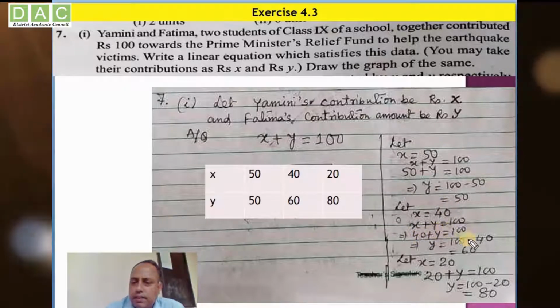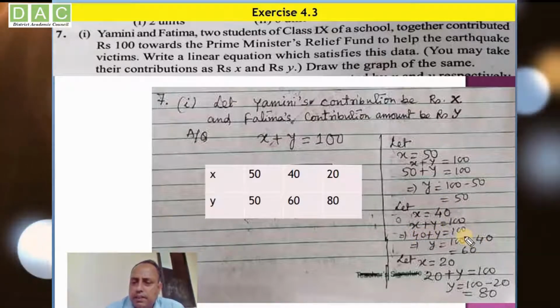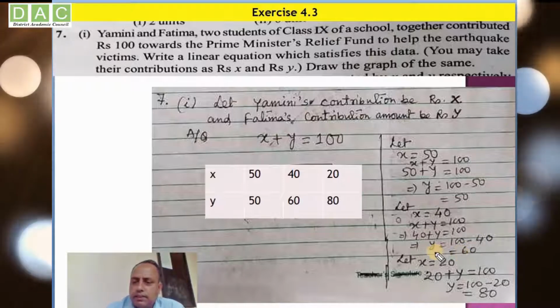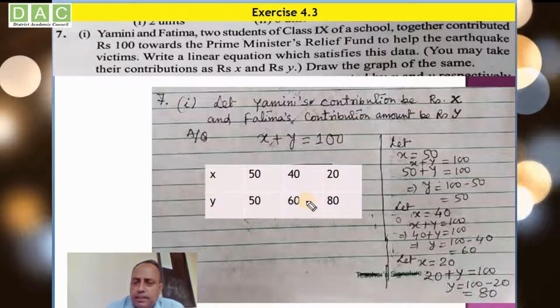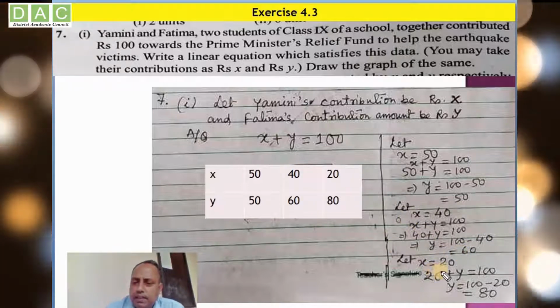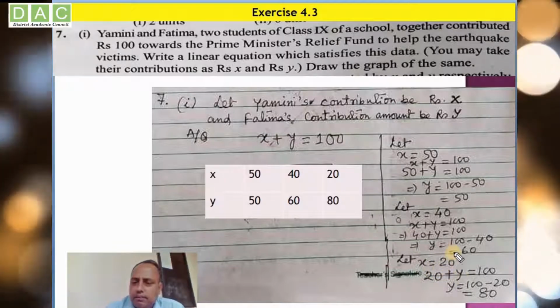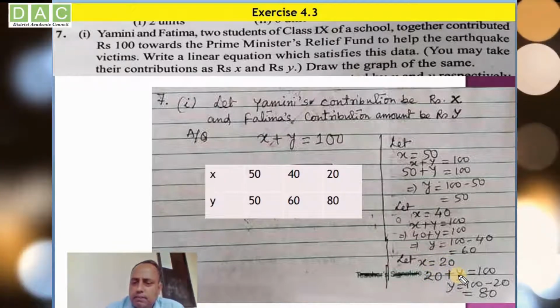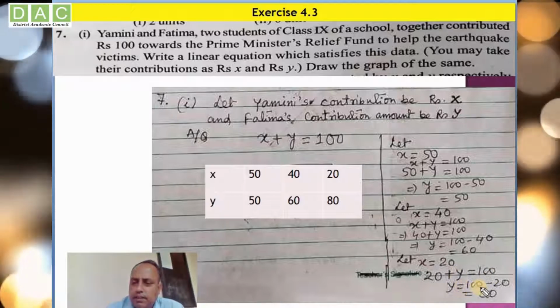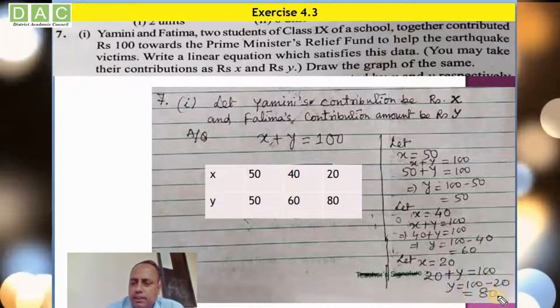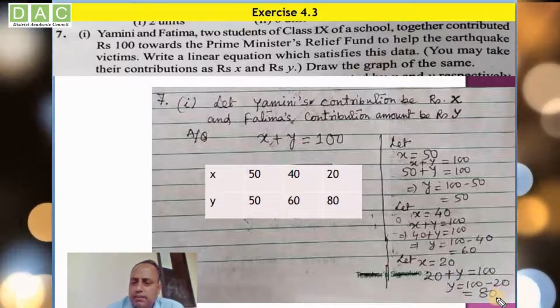Taking the 40 to the other side, 100 minus 40 is 60. So when x is 40, y is 60. Similarly, let x equal 20. So 20 plus y equals 100, then y equals 100 minus 20, which is 80.